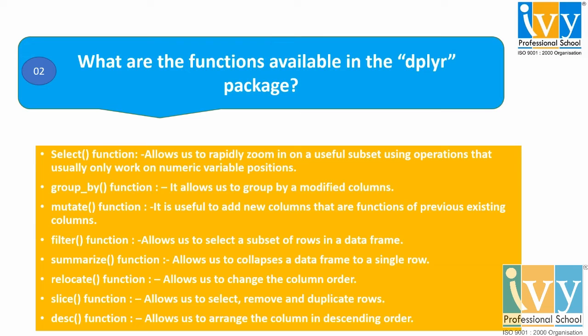Seventh, the slice function that allows us to select, remove and duplicate rows. And lastly, the desc function that allows us to arrange the column in descending order. These are the various functions that are available in the dplyr package.